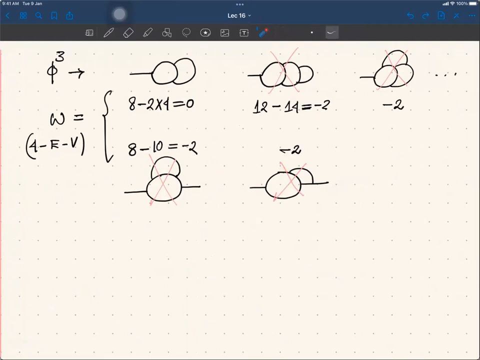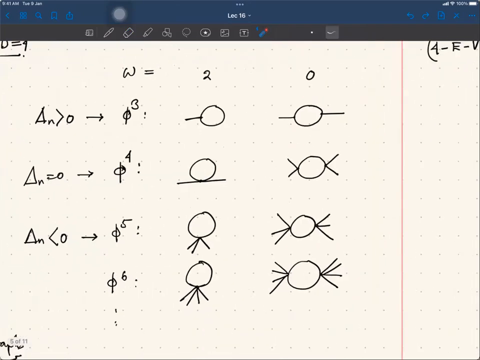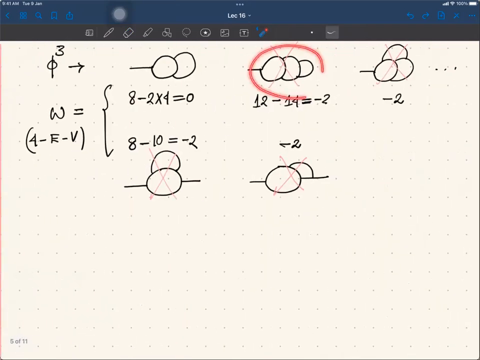Overall finite means although omega is negative, there is a hidden divergence because of a primitive graph or a non-primitive graph sitting inside as a subgraph. So let us look at this diagram. You see, there are 3 loops.